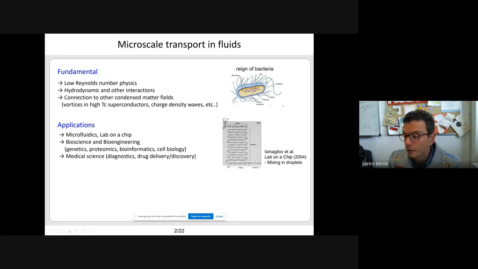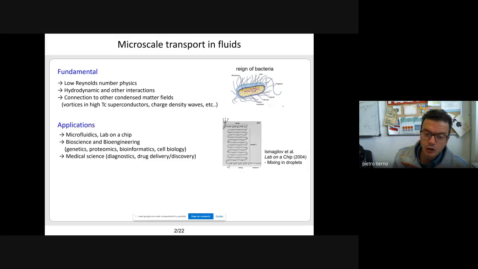For example, here is a work from the Ismagilov group in 2004 with George Whitesides, where they showed that in a single chip, with a scale bar of 200 microns, you can mix two fluids and perform a very controlled chemical reaction. Apart from that, there are several important applications in bioscience, bioengineering, medical science, diagnostics, and so on. If you can control fluids at the microscale, you can provide important technological developments in these disparate fields.